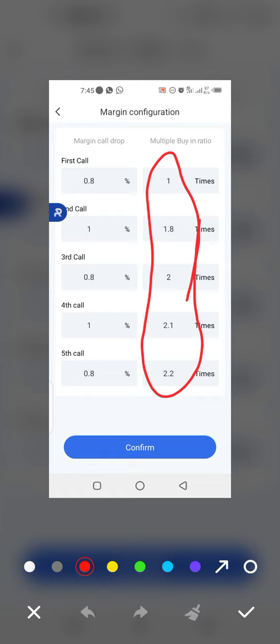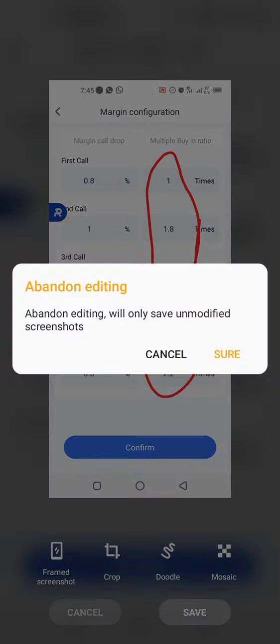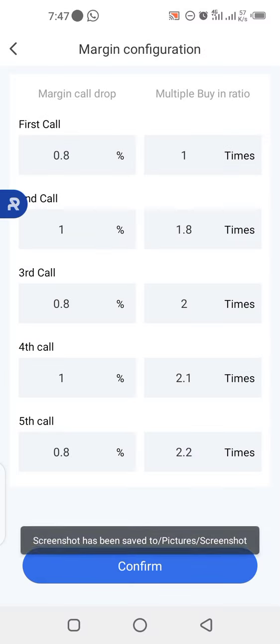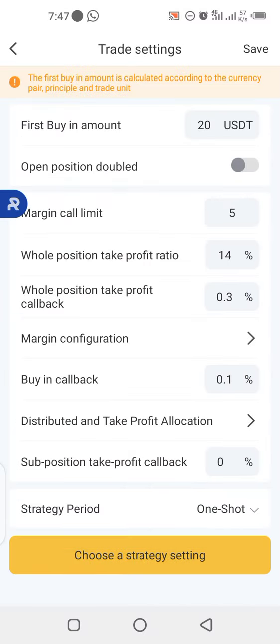Or you can use the Fibonacci, where 1 plus 2 is 3, so you put 3 here. Then 2 plus 3 equals 5, you put 5 here. Then 3 plus 5 equals 8. That is the Fibonacci. So that is how you set up your trades. Then you confirm here, then you save.